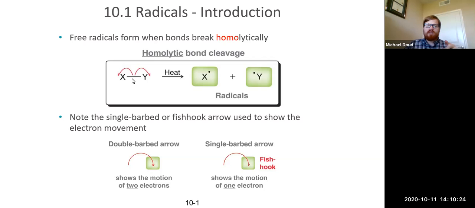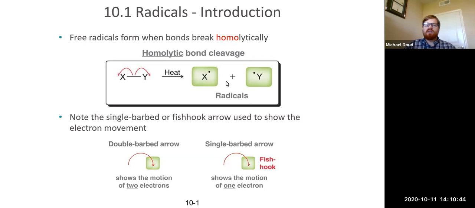What this diagram is saying is that this pair of covalent electrons is going to split up. One of them is going to go to the X side, so you just draw a little fishhook or half arrow. And then one of them is going to go to the Y side, so that also gets a fishhook arrow.